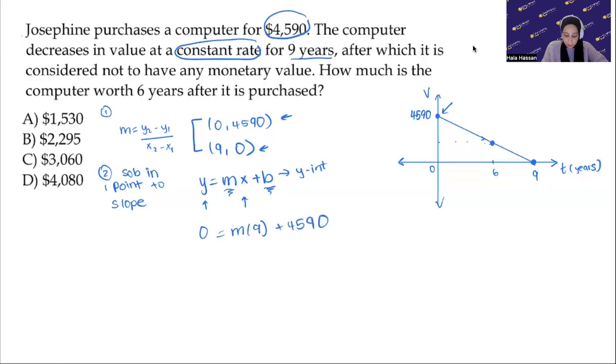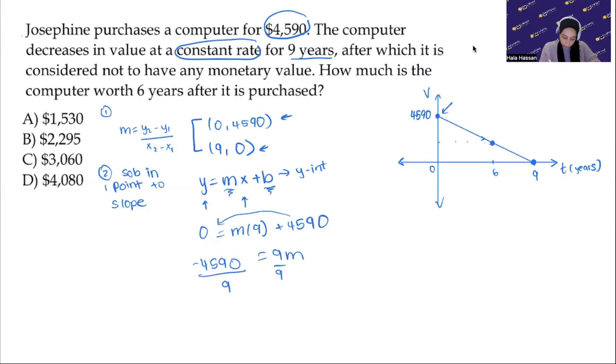If I were to solve for m, I could subtract it from both sides. So I have negative 4,590 is equal to 9m. I can divide out that 9, divide out the 9. Sorry, that's not 9,000, it's supposed to be 90. There you go. So then I have 4,590 divided by 9.